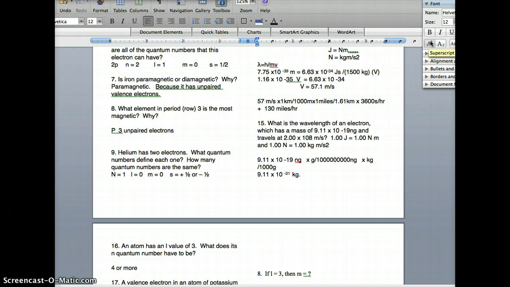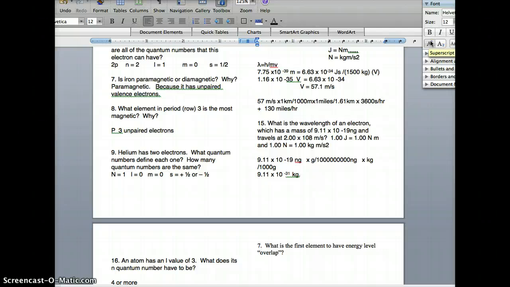Okay, final answer then. I'm looking for wavelength, so I'm going to take H. I'll talk you through it instead of writing it all down. H is 6.63 times 10 to the negative 34th. I'm going to divide that by the mass, which is 9.11 times 10 to the negative 31st.